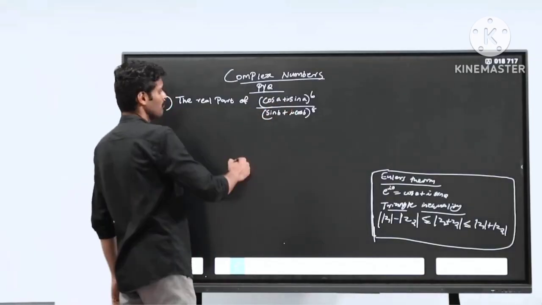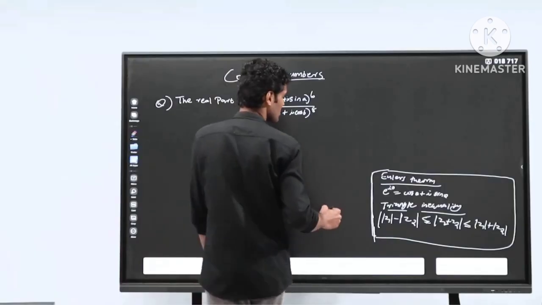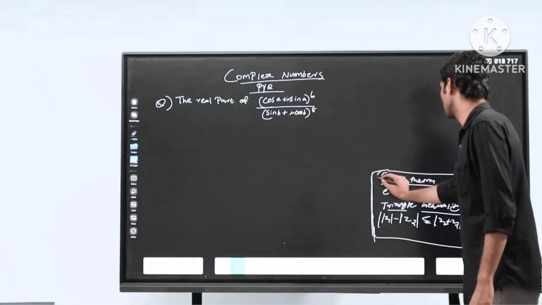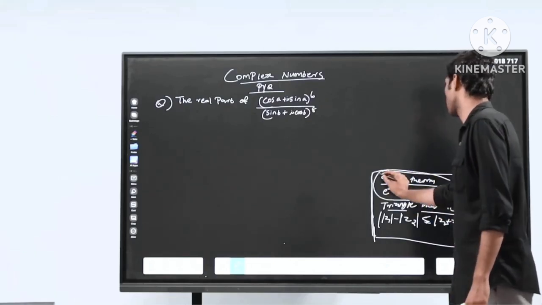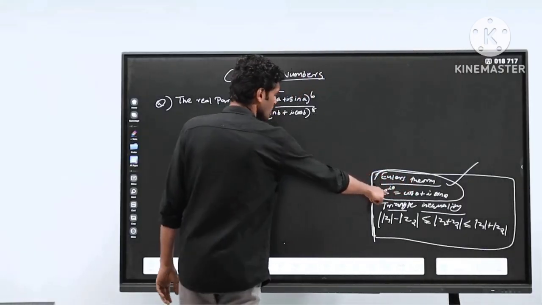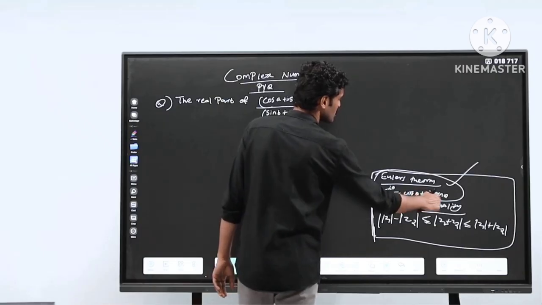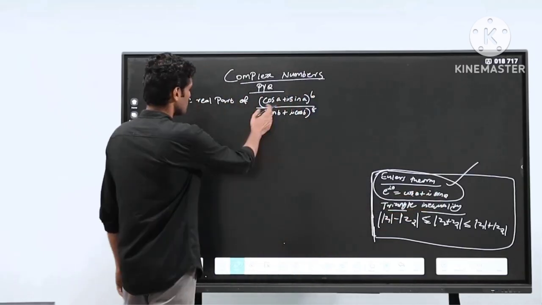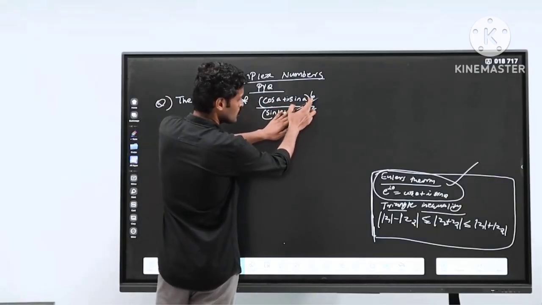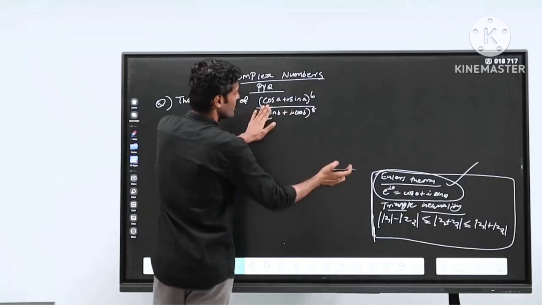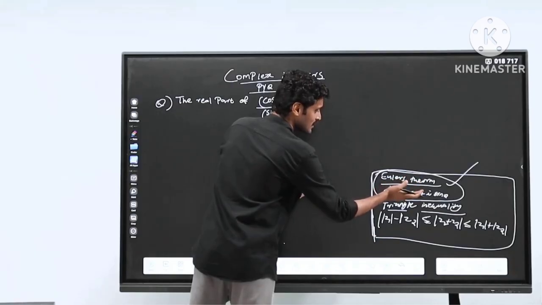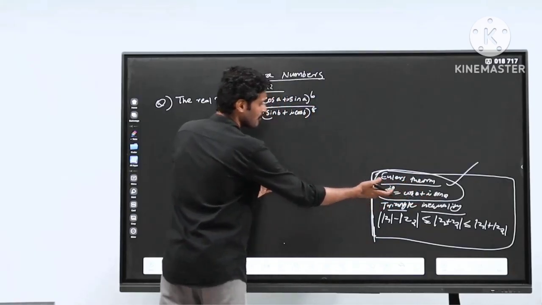For the same, we know Euler's theorem. We already discussed Euler's theorem, and we are using it right here to solve this PYQ. Euler's theorem: e raised to i theta equal to cos theta plus i sin theta. From the top, we can see that (cos A plus i sin A) whole raised to 6 is the right side of Euler's theorem.